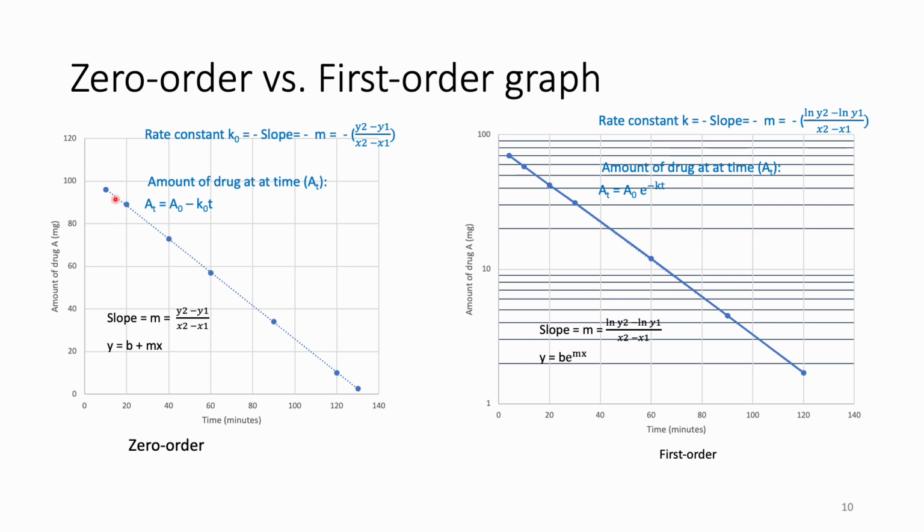And in zero order elimination with a straight line like this on the rectangular coordinates, the slope is used to calculate the rate constant of the drug in zero order, to represent the decrease of the amount or concentration of drug over time.